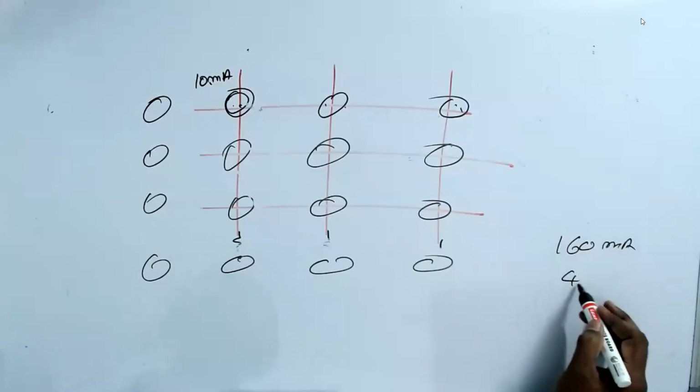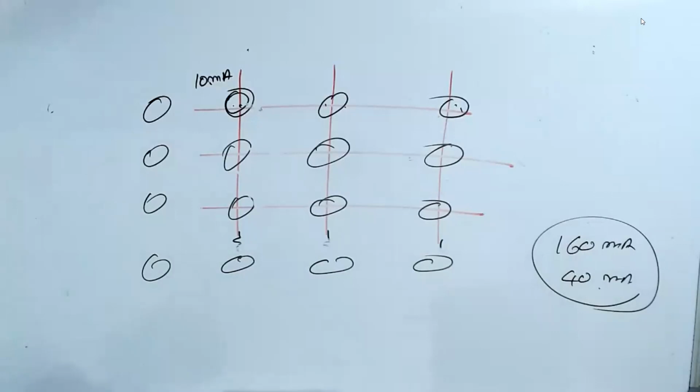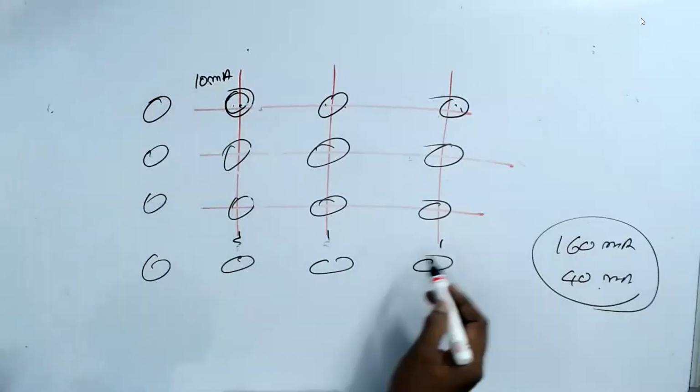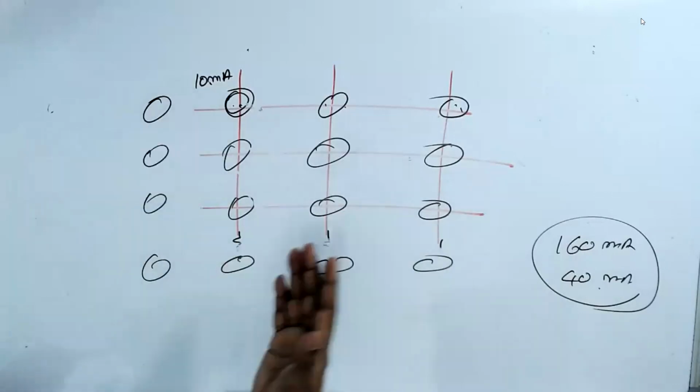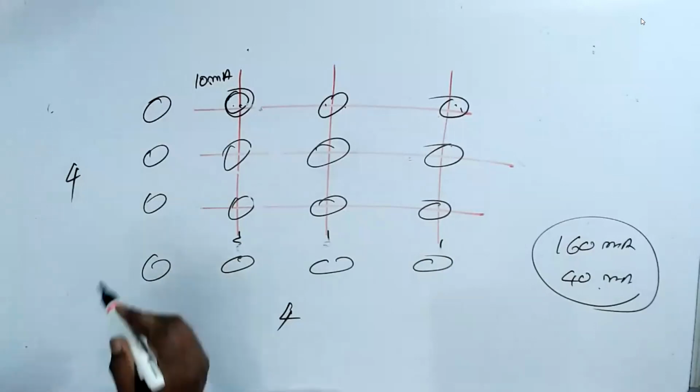Otherwise, I need only 40 milliamperes. See what the saving is? The second thing is, here I need 16 pins. Now I need only 8 pins, 4 plus 4, 4 rows and 4 columns. Think of it as 8 by 8.